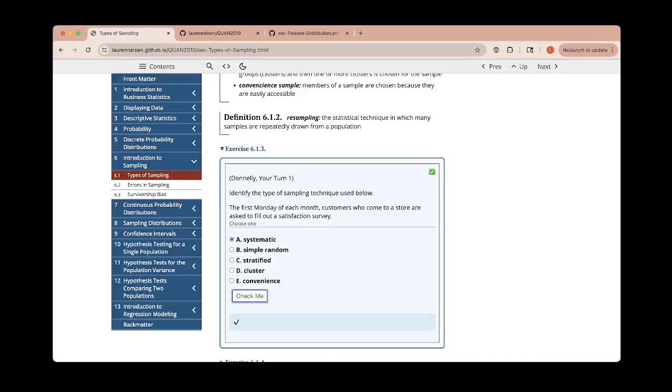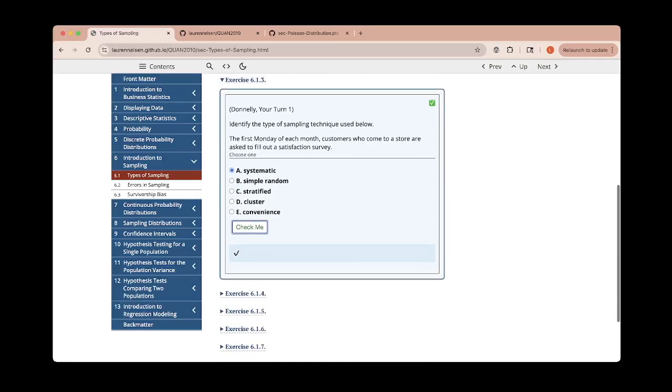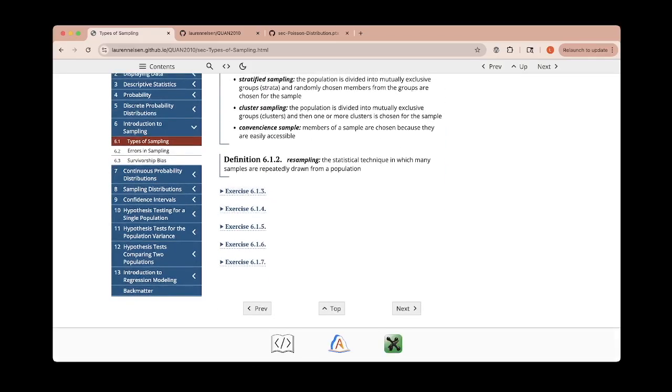An issue with this is this would only be asking the feedback of customers who are there on Mondays. A lot of customers might come in on the weekend or on different days, and this wouldn't take their satisfaction into account at all. Next, let's look at exercise 4.